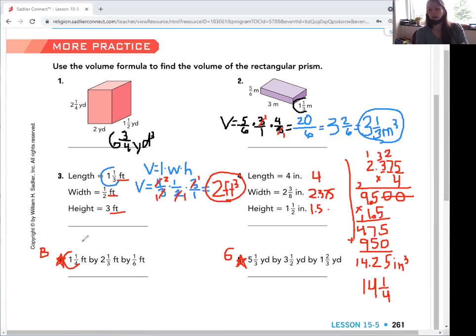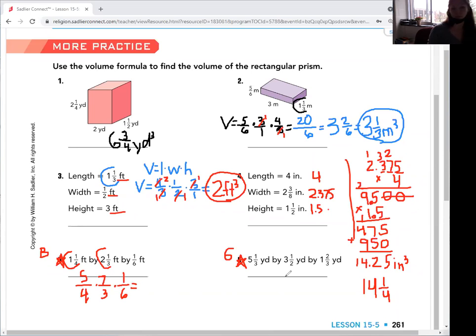Okay. How did you guys convert 1 and 1/4? It's 5/4, right? And this guy is 7/3. And this guy is 1/6. Lots of opportunities here for reducing, or no?